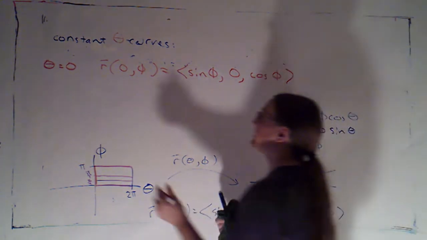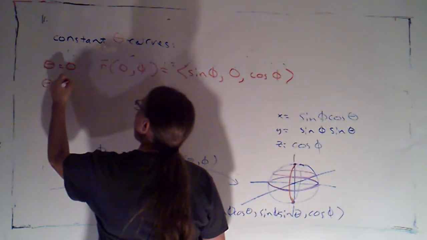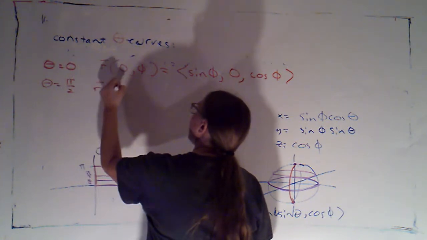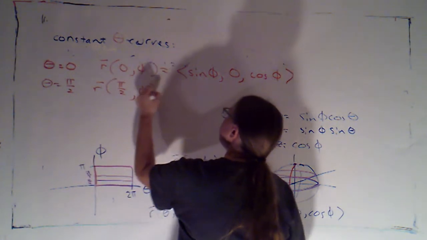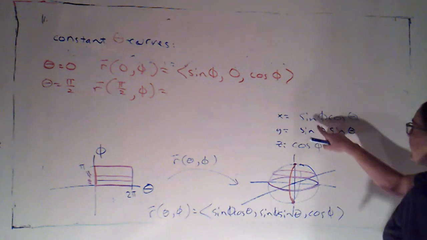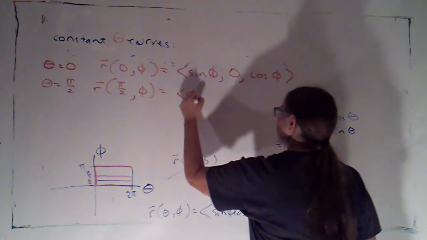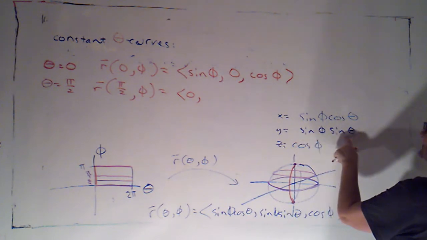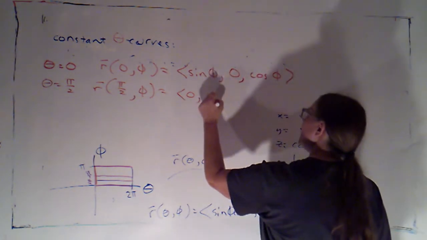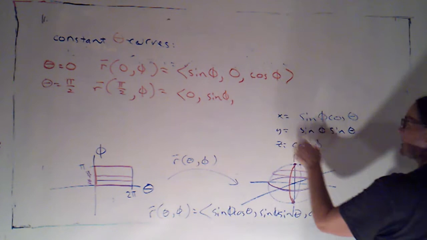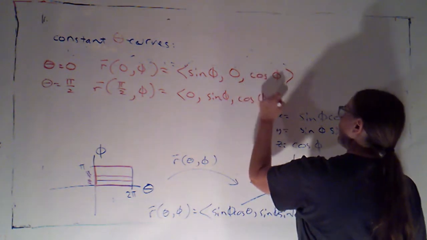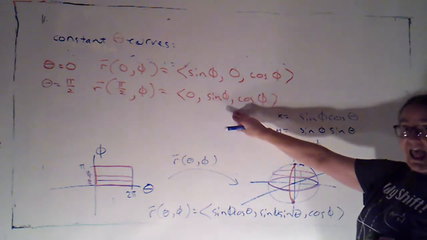If I were to look at theta equals pi over 2, so I'm looking at r of pi over 2 phi, I get sine of phi times cosine of pi over 2 is 0. Sine of phi times sine of pi over 2 is 1. Cosine of phi. That's going to be drawing a half circle.